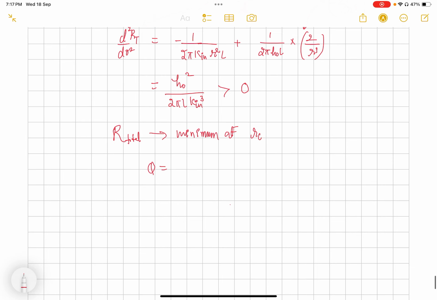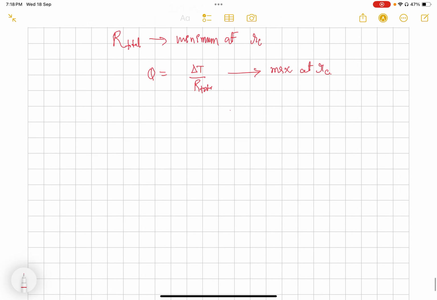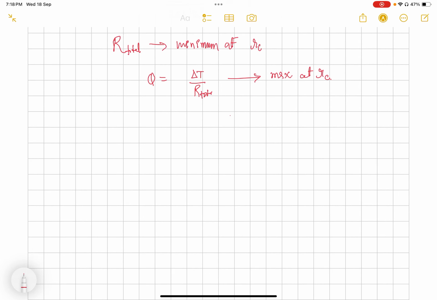When total resistance is minimum, what will happen to the heat transfer? Delta T by R total, so heat transfer will be maximum at RC. Similarly for a sphere we can derive.